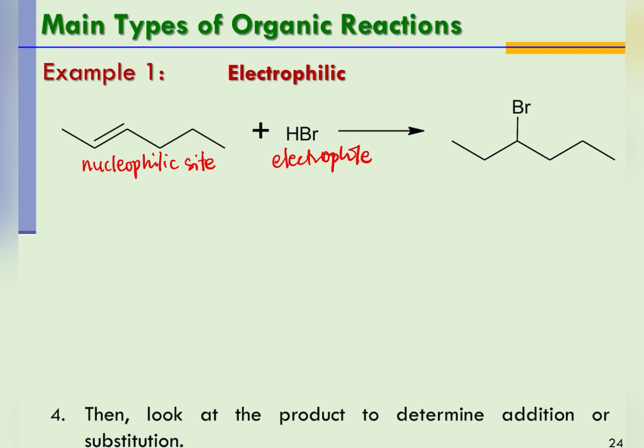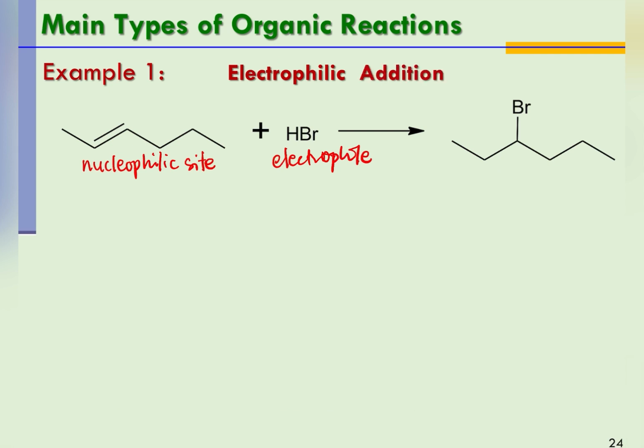When you see from here, you can observe that the multiple bond compound becomes a haloalkane with a single bond in its molecule. And of course, this reaction is electrophilic addition. So that's how you give the specific name for this example.